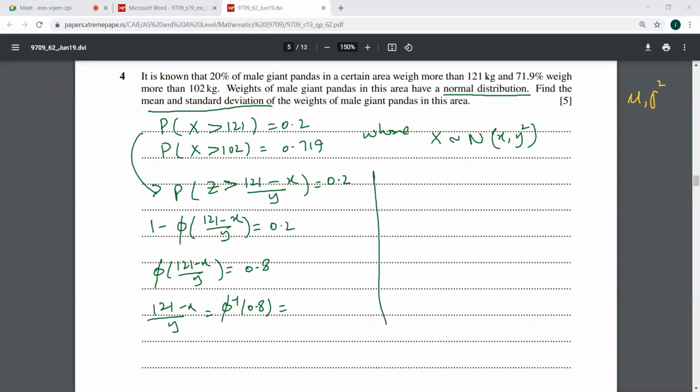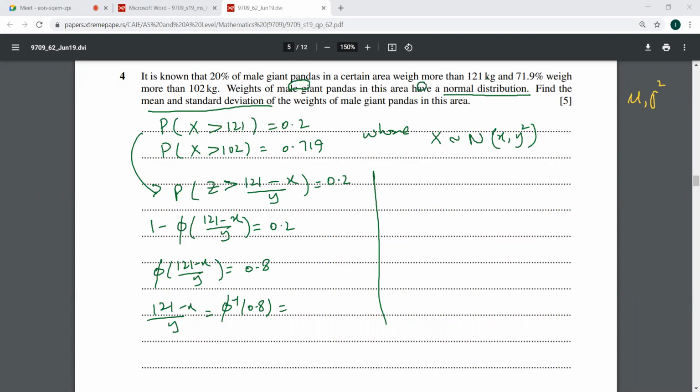Phi inverse of 0.8. It is here, this one, and then this 5.